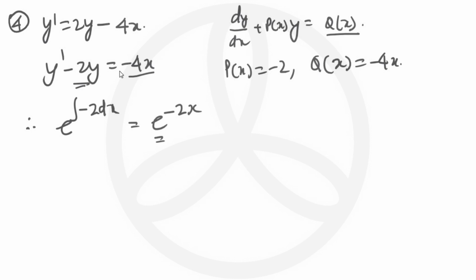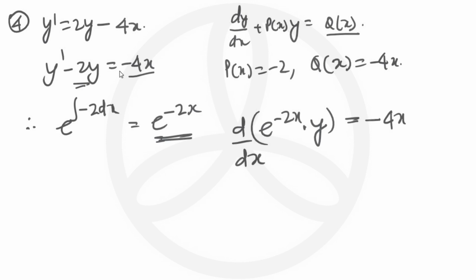Now, as per the process, we will multiply the integrating factor with y and then apply the derivative sign d/dx, and this we multiply on the right hand side as well. So I will write -4x e to the power -2x. Now integration is to be done on both the sides.